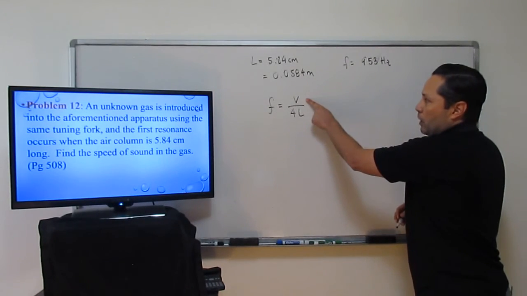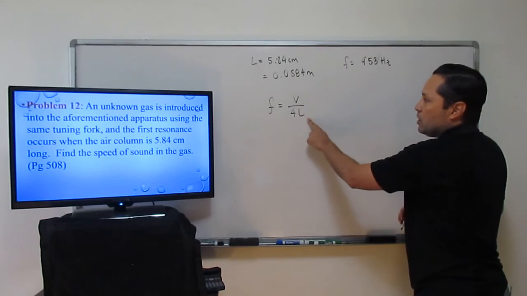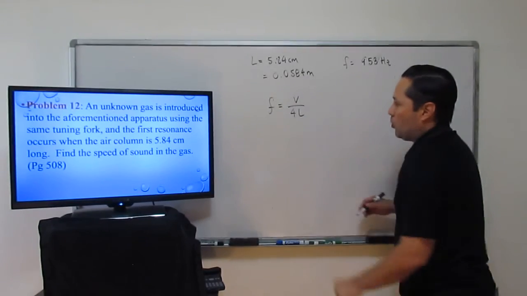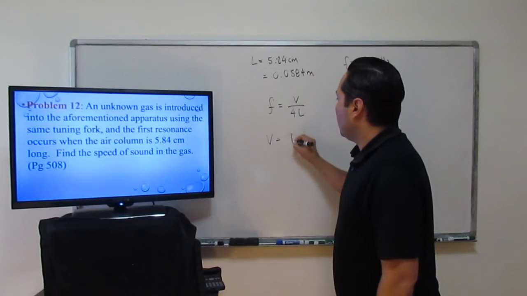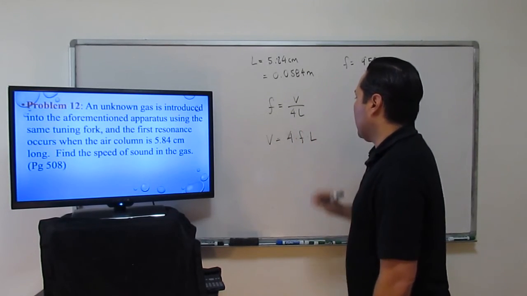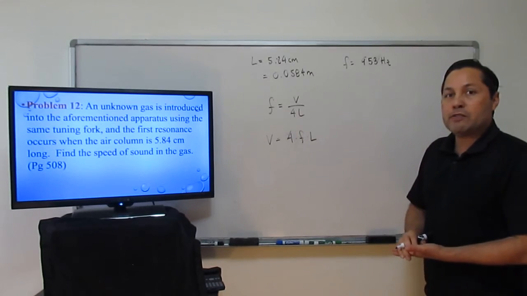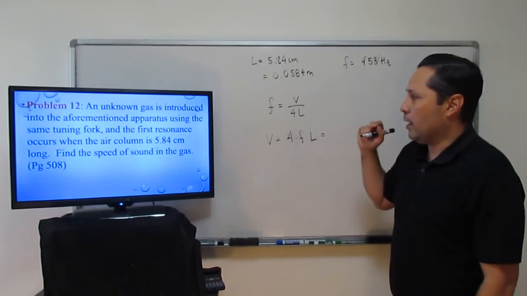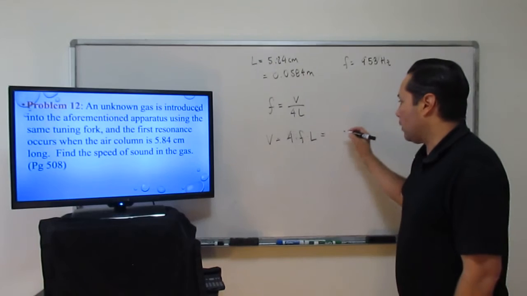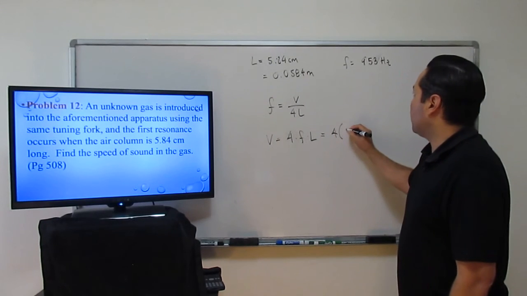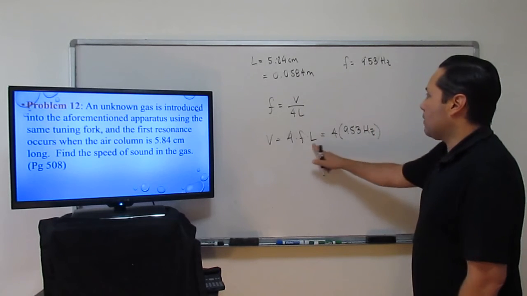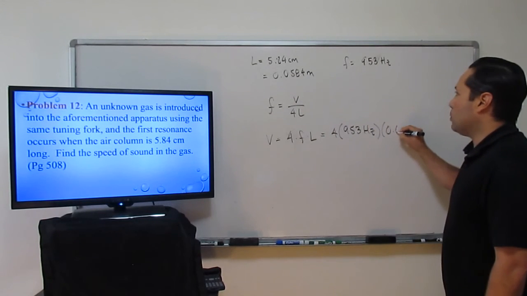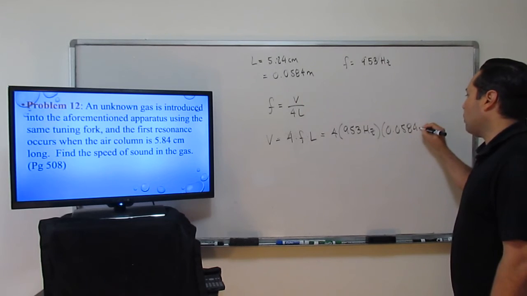Now we're going to solve for the velocity. We move the 4 and the L over to this side, so our formula becomes velocity equals 4 times frequency times length. That's going to give us the velocity of the sound in this new medium. So it'll be 4 times the frequency of 953 hertz multiplied times the length, 0.0584 meters.